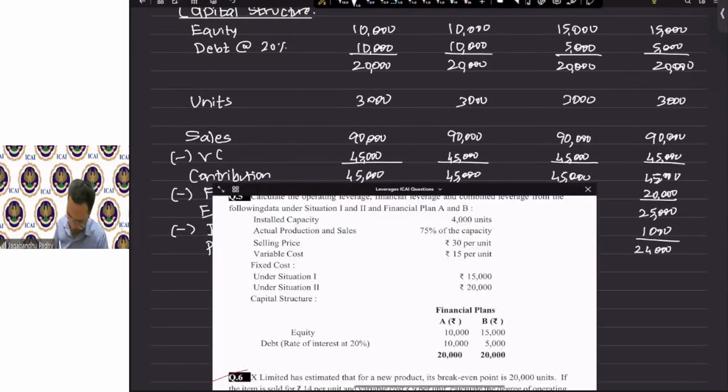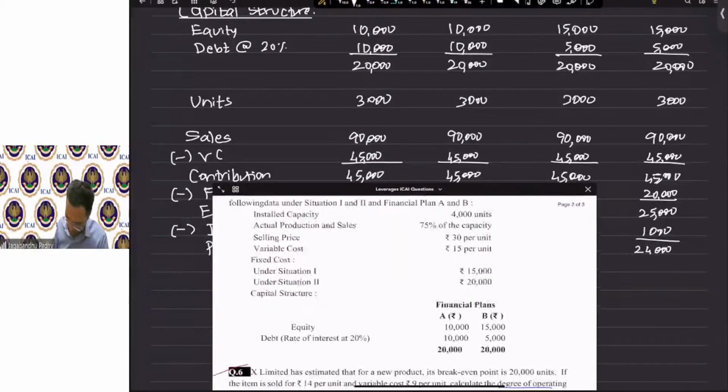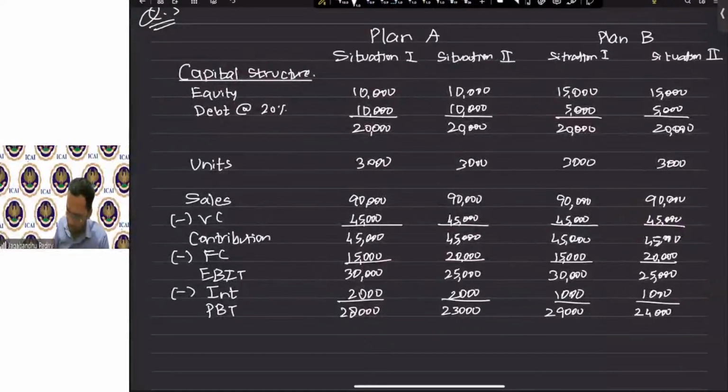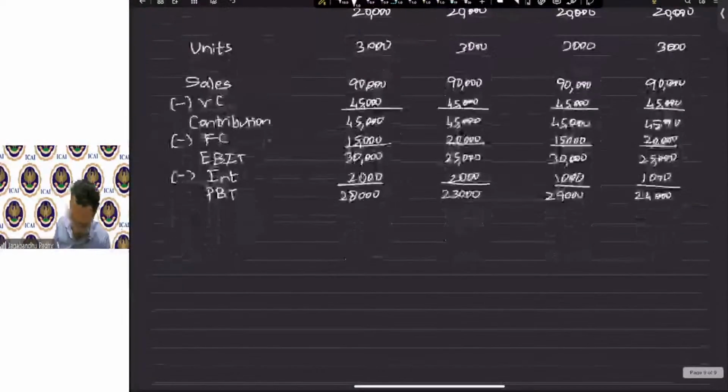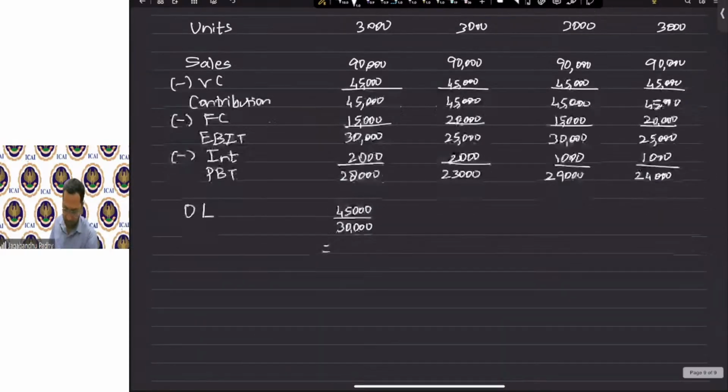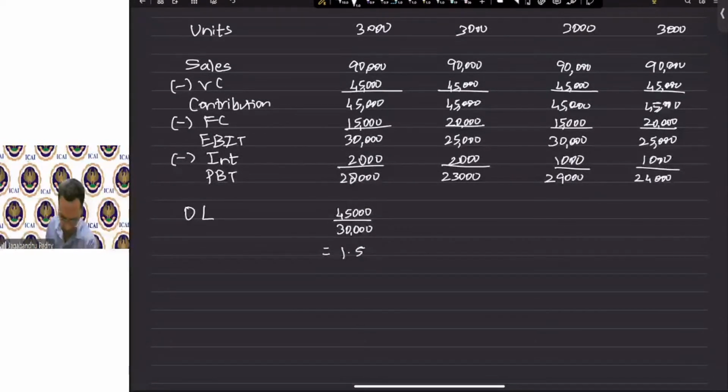Okay, now then we have operating leverage. 45,000 divided by 30,000, contribution upon EBIT, is 1.5.